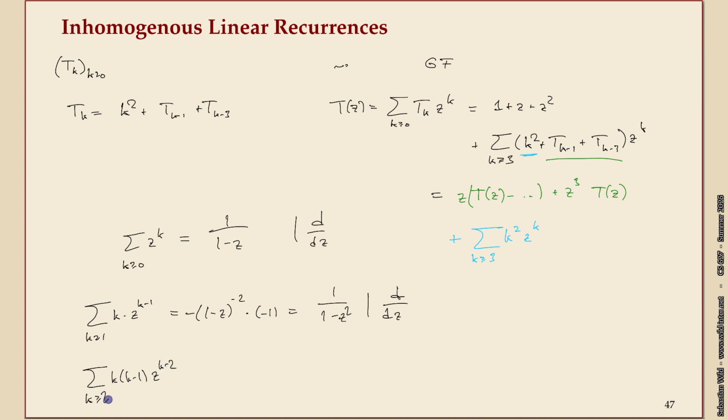So here we can sum from 2 because all the other terms are multiplied by 0. And here you can take derivatives again. So same game, minus 2 for the outer derivative, 1 minus z to the minus 3, and then again the minus 1 for the inner derivative. So you get a similar type of formula for this series. That's not exactly k squared z to the k. It's k times k minus 1, and then there's a shift with z.